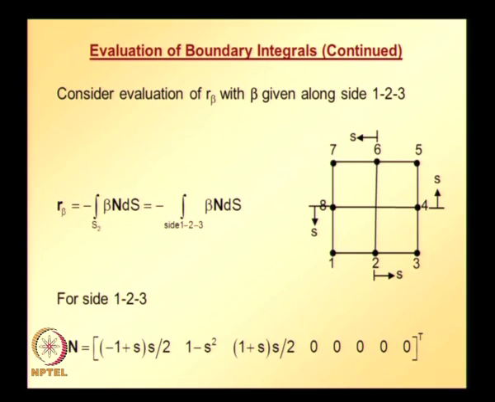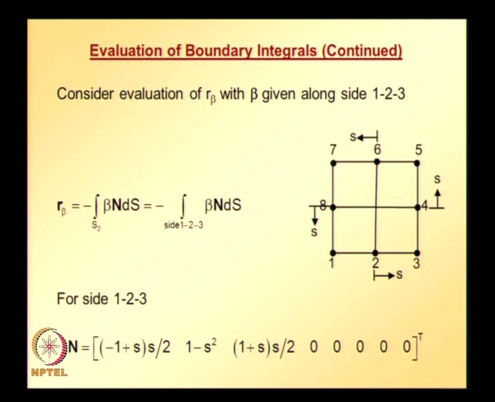For that evaluation we require the shape function vector along side 1, 2, 3, and also the information of how the differential element taken along side 1 2 3 in the parent element is related to the differential element along the same side in the actual element. So, we require to find the relationship between d capital S and d small s.